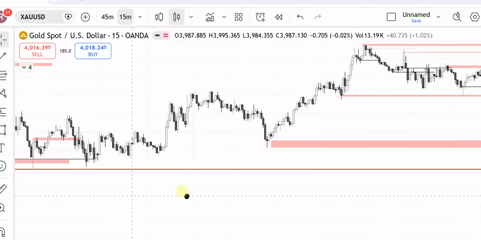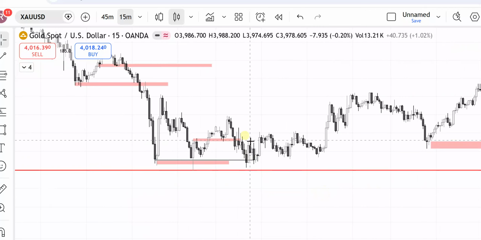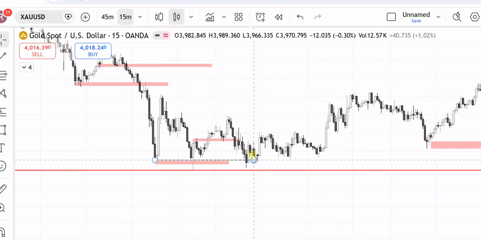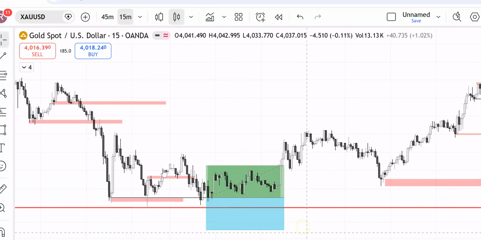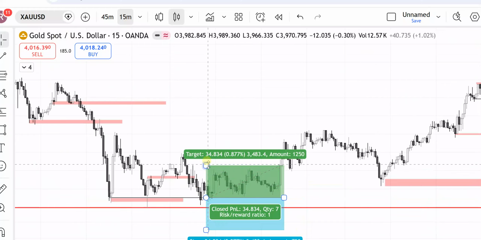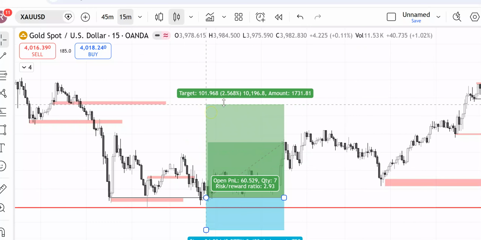After the market gives the retracement from my key level, it goes in the upward direction. So I mark out my key zone area, and that is my first target.